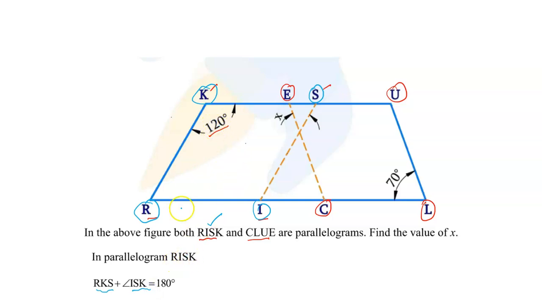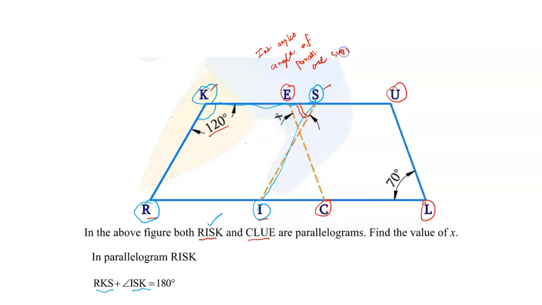Because we have a property. RKS is the angle we have, and ISK, I S and K, this second angle. These two angles are supplementary, interior angles of a parallelogram. So what is the concept here? Interior angles of a parallelogram are supplementary.